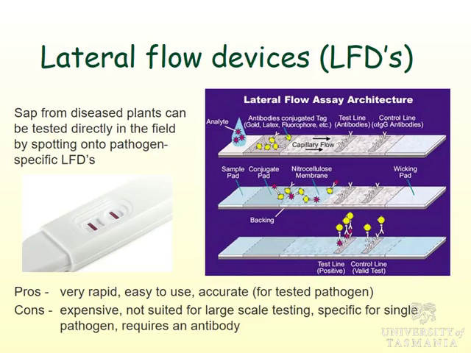It is specific for a single pathogen, and obviously for all serological assays, another limitation is you actually have to have an antibody. So mostly these days we buy them. There are companies that make antibodies, and you can search those companies and say, I want an antibody to cucumber mosaic virus, and they'll sell you one.